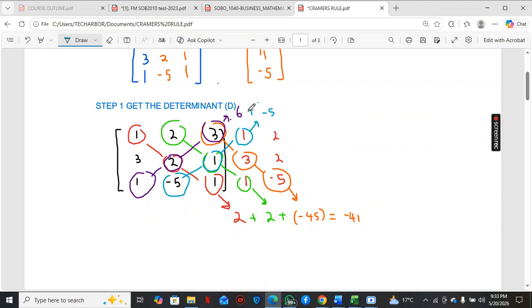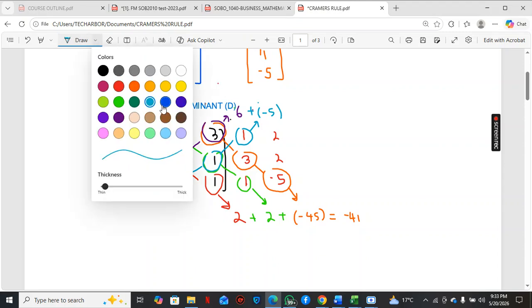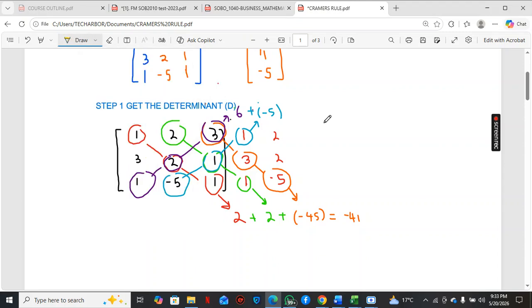Here 6 plus -5. Then our last diagonal, 1 times 3, that is 3. 3 times 2, that is 6.